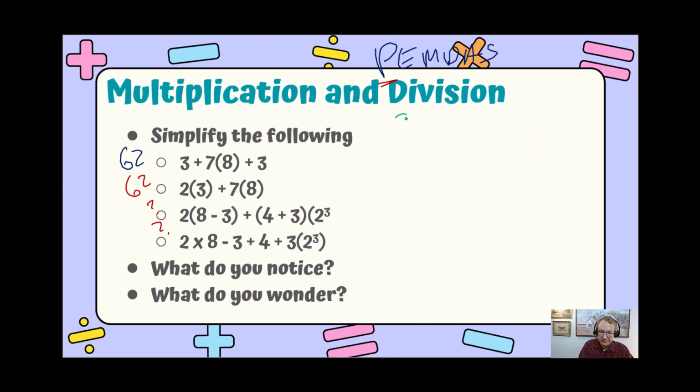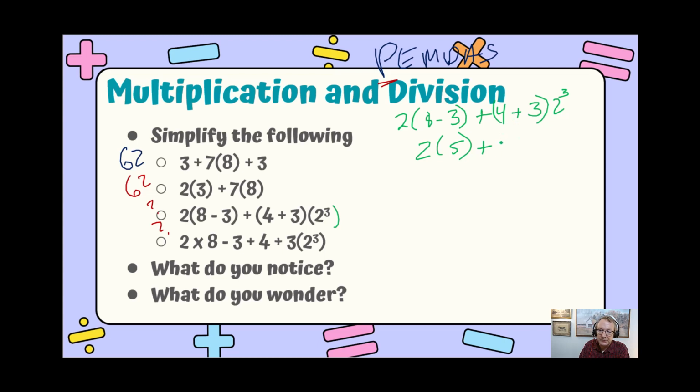So now we have 2 times 8 minus 3, plus 4 plus 3, times 2 cubed. We've got some stuff to do inside parentheses. 8 minus 3 is 5, so we have 2 times 5. We're going to add something to that product in just a minute.